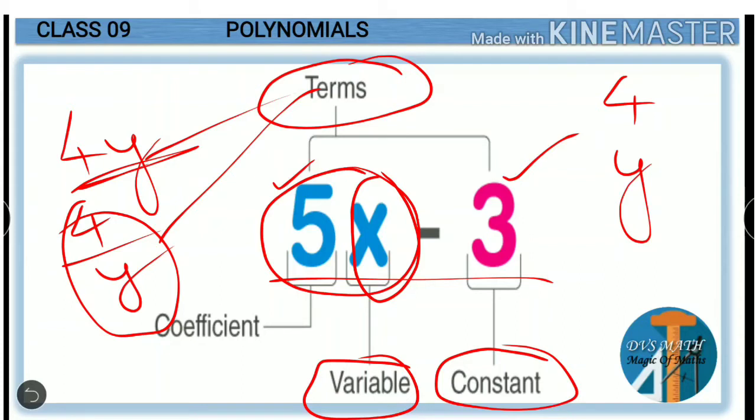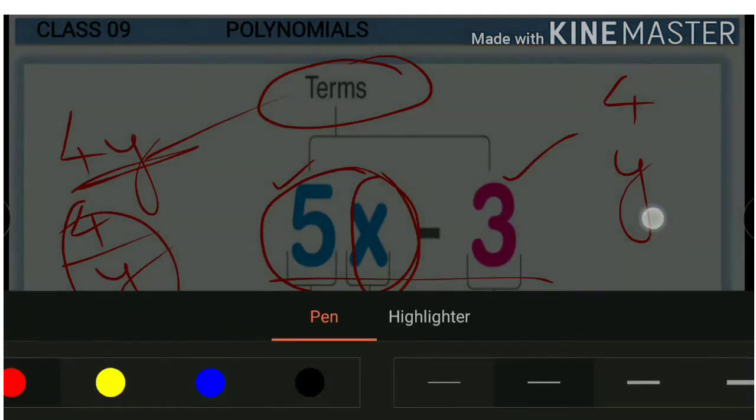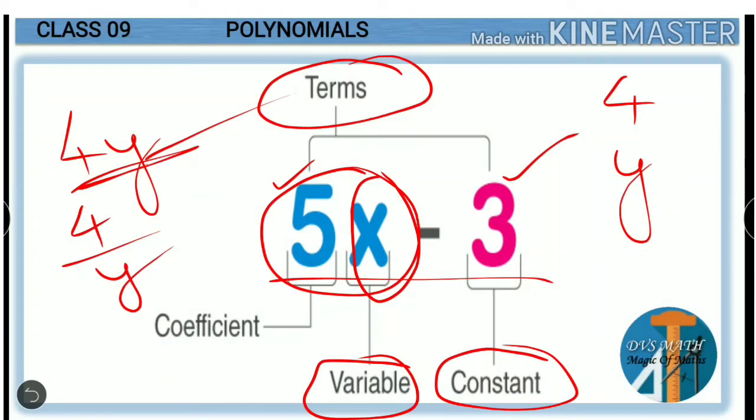Here 5x minus 3, we are calling it an algebraic expression. And here, observe this 5x.